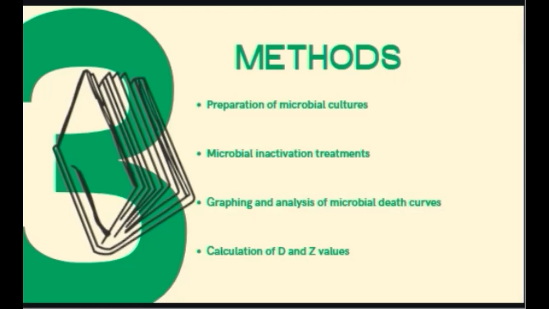And finally, calculation of D and z values. Calculate the D value for each temperature using the equation of D. The next part is to plot the logarithm of the D value as a function of the temperature. Calculate the letter z from the slope of the line obtained, using the equation of z equals -1 over the slope.